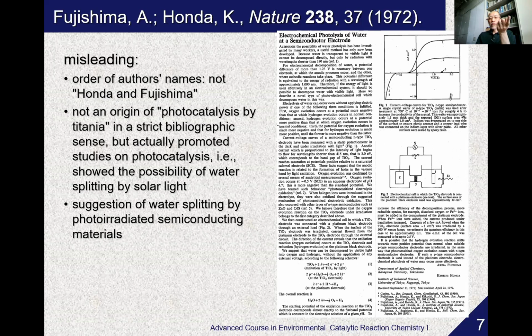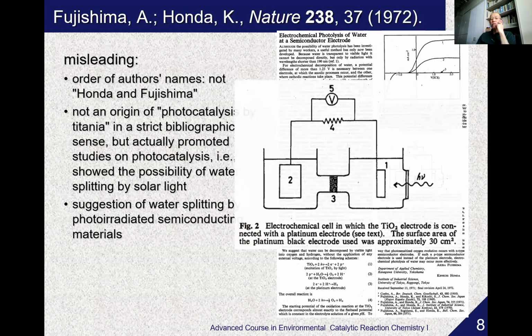This paper is very, very strange, because you see Figure 2 on the right side, and that is something like this. And there are the numbers 1, 2, 3, 4, 5. But there is no interpretation in this paper.